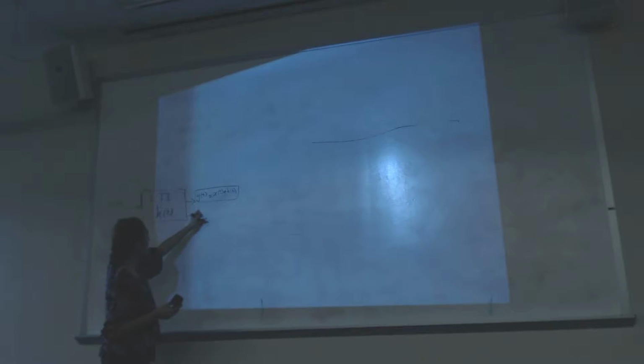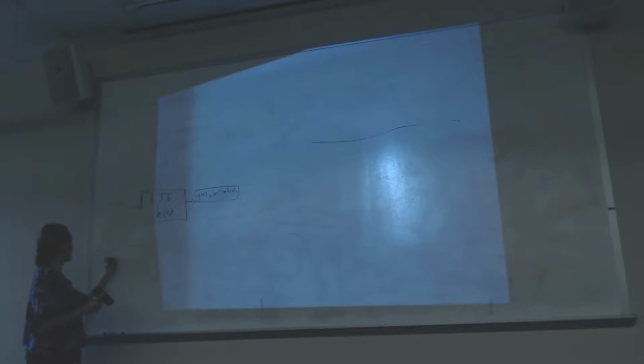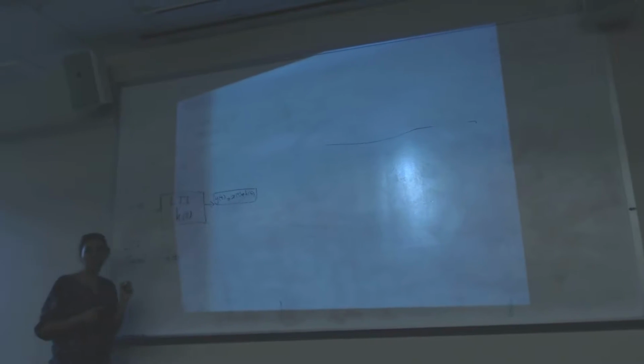Before we go on, let me ask you something. Have you studied the causality of the system? Anybody remember the condition on h of t if a system is causal? What's the definition of causality?